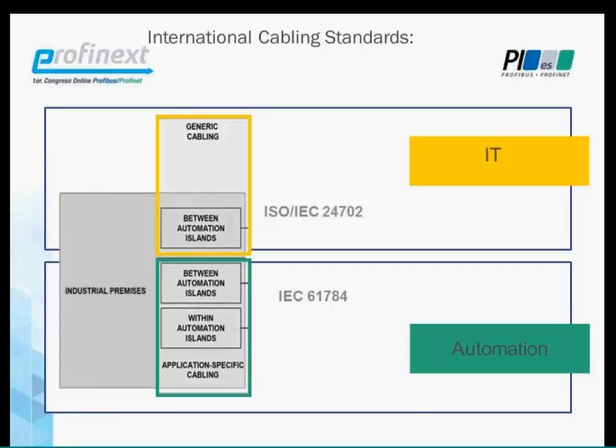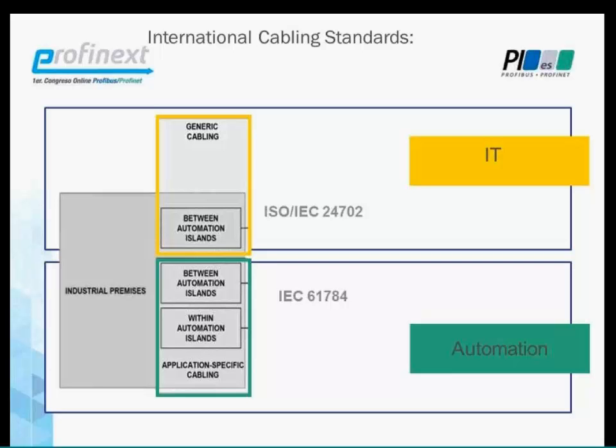And if we speak about Profinet cabling, it is necessary that we look which standard is relevant for the cabling for industrial applications and for Ethernet cabling. And if you look here into the IEC standards, there are two standards. I would say it is on one side the IEC 24702.